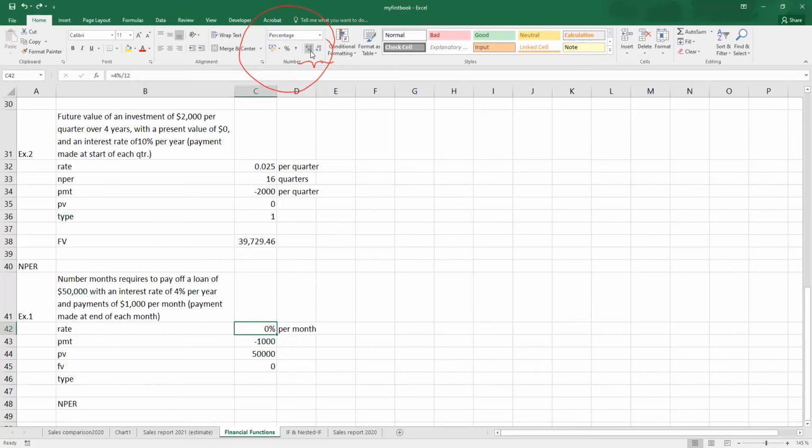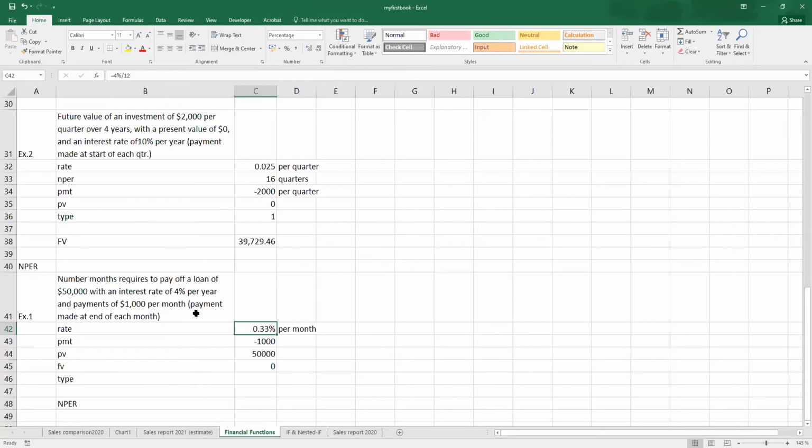If you would like to increase the number of decimal points, you just click, and then you can see that the decimal points will be increasing, for 3 digits in here. Or if you would like to decrease the number of decimal points, you just click on decrease decimal, and then it will be decreasing. Okay, so this is the way to show the format of the interest rate properly.